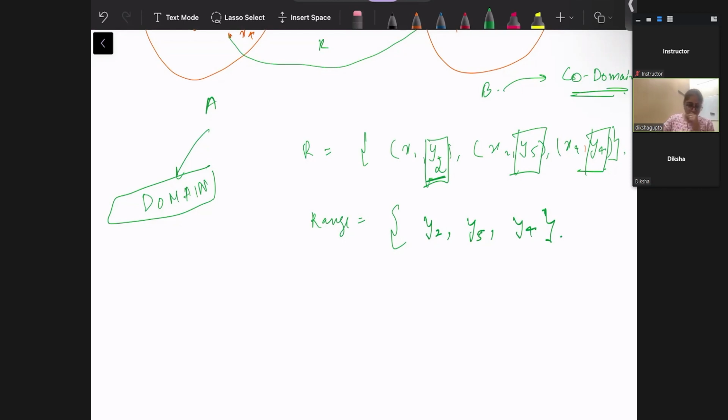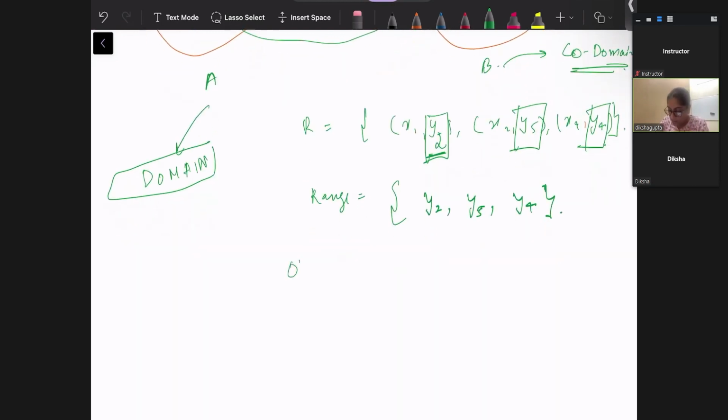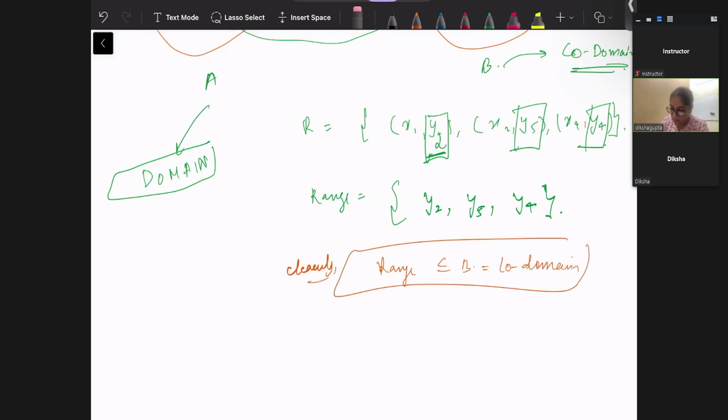And clearly, the range is a subset of B, the codomain. The range is a subset of the codomain of the relation.